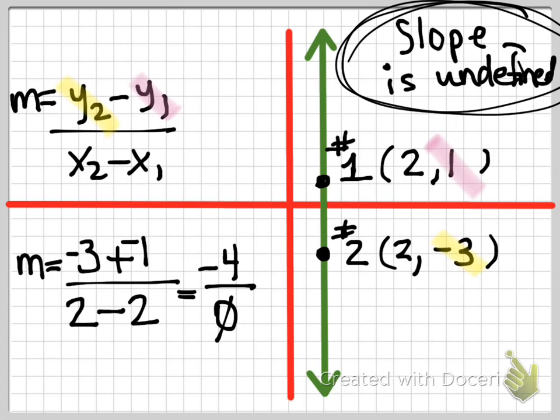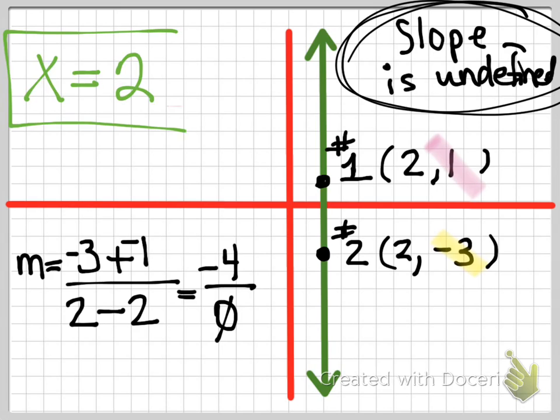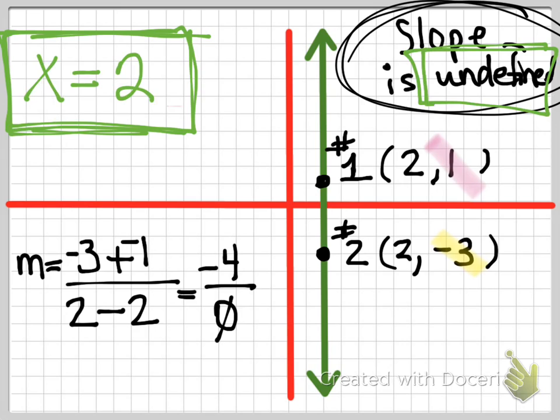Well, the equation for that line is x equals 2. It's awfully hard to put the equation x equals 2 into slope-intercept form, because to get to slope-intercept form, you have to solve for y. So therefore, any equation that looks like this one and does not have a y has an undefined slope, and it's straight up and down.